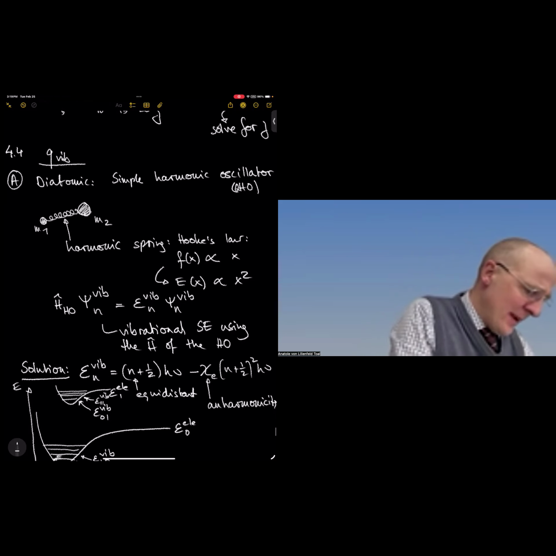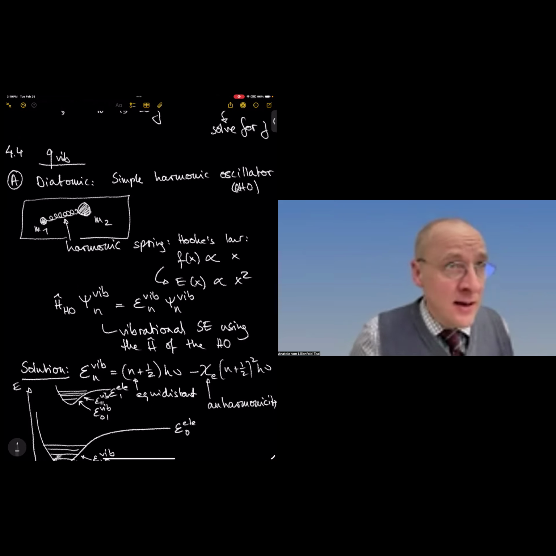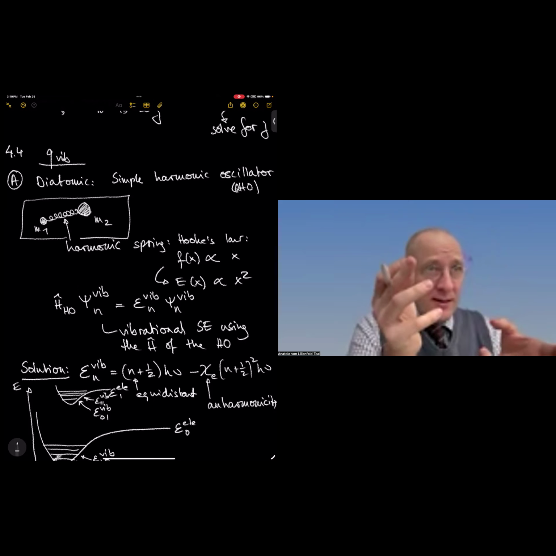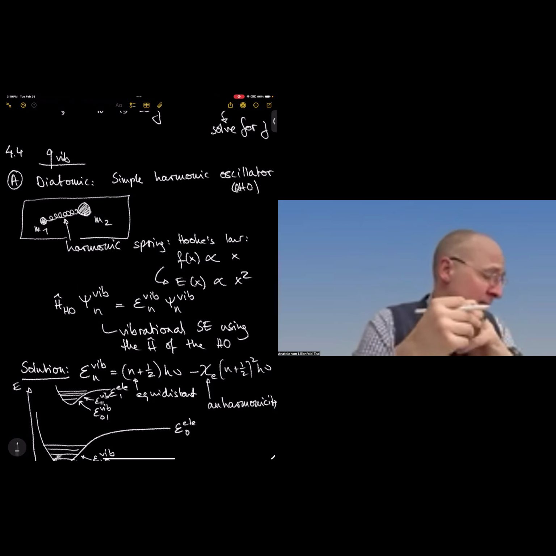here we have this kind of system, two atoms, and of course, a covalent bond, a chemical bond, is not a spring. Right?